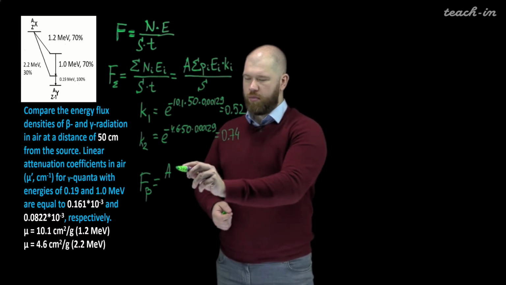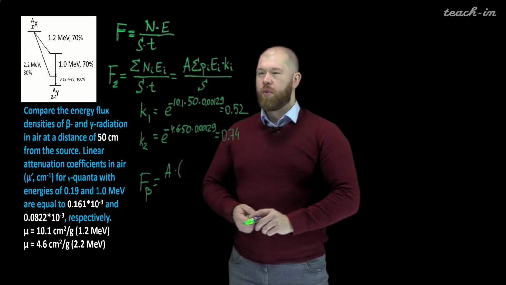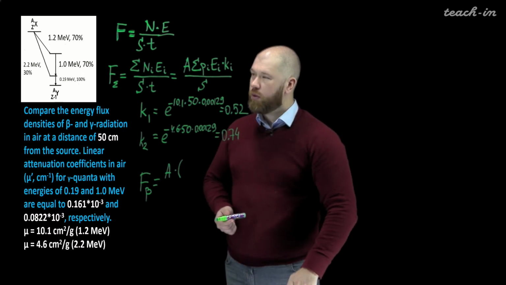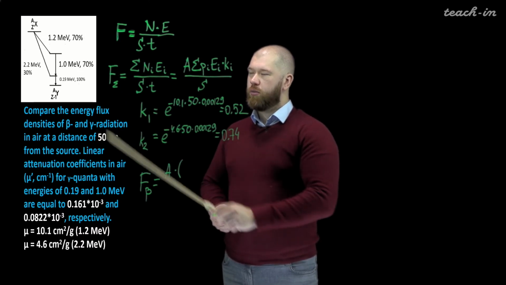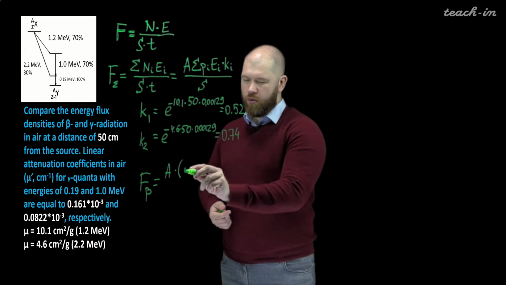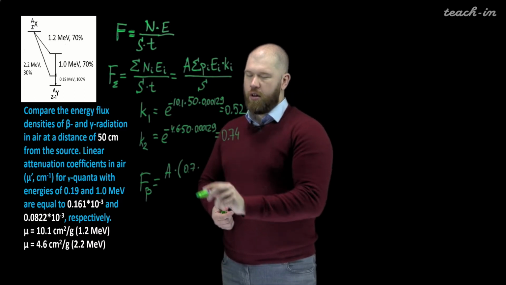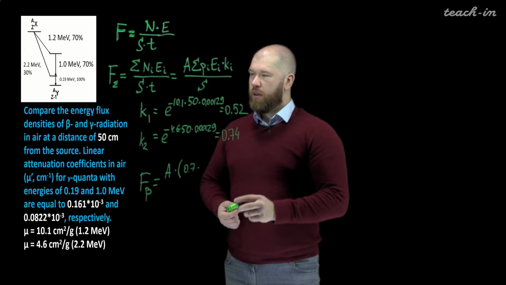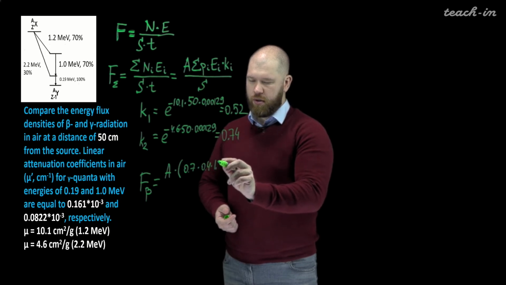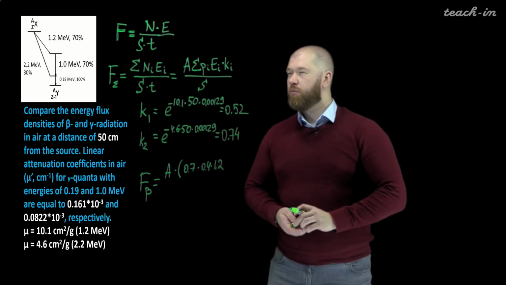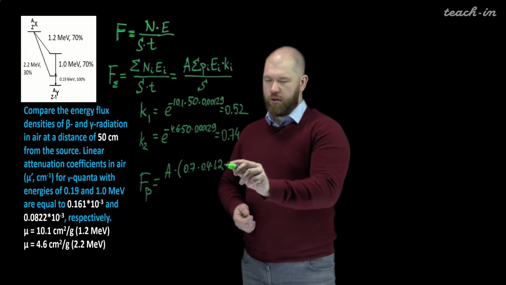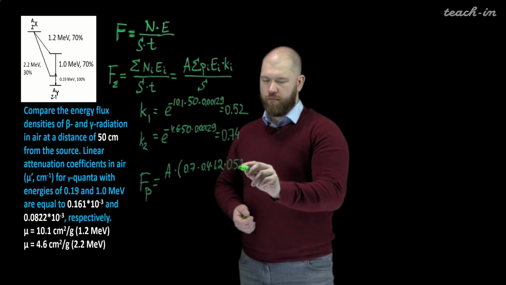So we multiplied it by the sum of, so for 1.2 mega electron volts, we see that the yield or probability of the release of these particles is 0.7. We multiplied it by the average energy of beta particles, so it is 0.4 multiplied by 1.2, and by the attenuation coefficient, so 0.52.